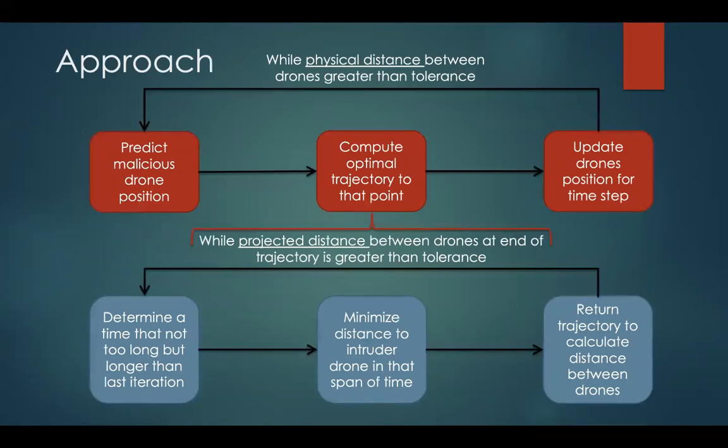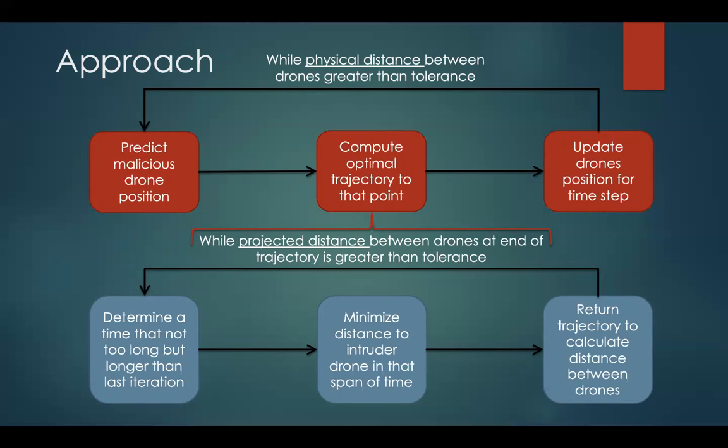And so generally our approach was to use two while loops. The second is nested within the first. The first while loop runs until the physical distance between the drones is less than some tolerance. As we start the first loop, we give it a time step and we predict where the malicious drone will be at the end of that time step. And then we compute our optimal trajectory to that point.